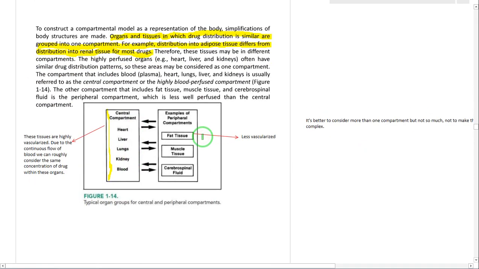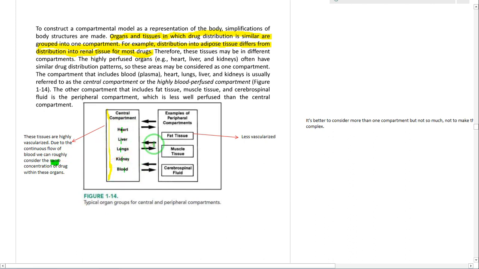Okay, now let's talk about the model that we were talking about. We said that we have to consider some compartments. You see here that depending on the vascularization of different compartments, we can group them together. For example, for the blood, kidney, lungs, liver, and heart, because the amount of blood which is distributing within these compartments is somehow the same, we group them together.